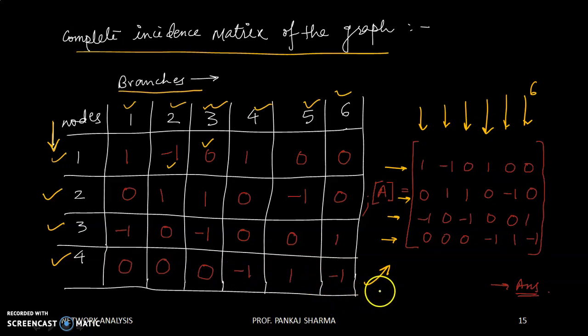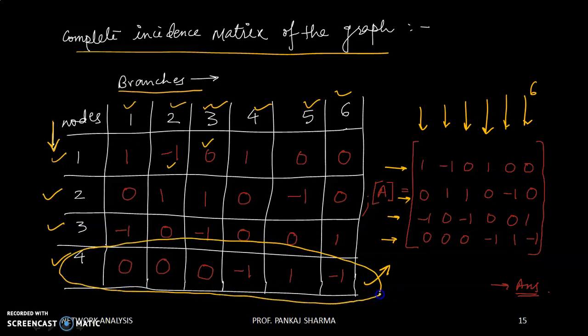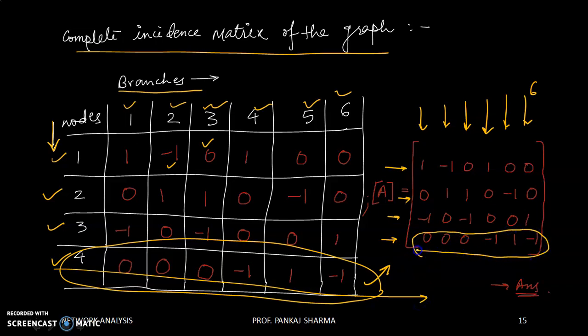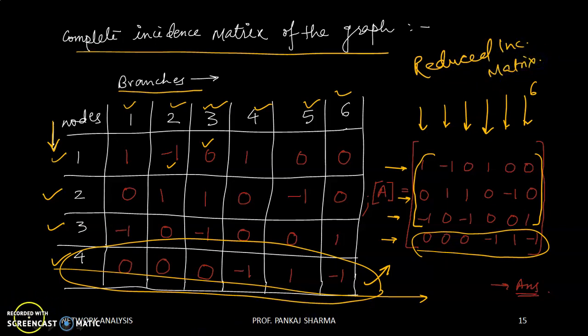What you have to do is just delete one row, and you will have the reduced incidence matrix. The first was your complete incidence matrix, and the second is your reduced incidence matrix.